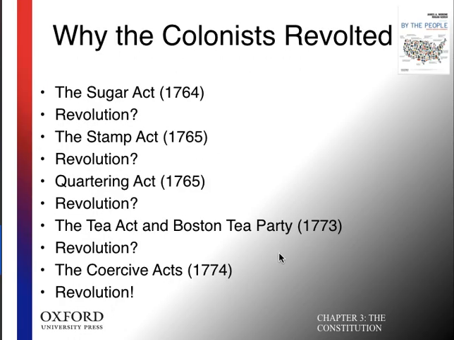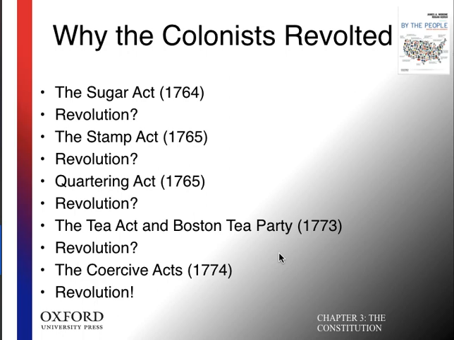So many taxes, here are just a few. There was a sugar tax, the stamp tax, the Quartering Act, which said that they had to quarter British soldiers within their house and feed them and give them room and board. So it's somewhat of a tax. The Tea Act, the Boston Tea Party, and all kinds of coercive acts.